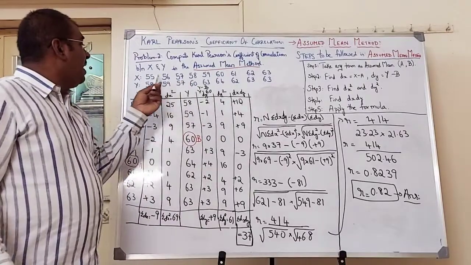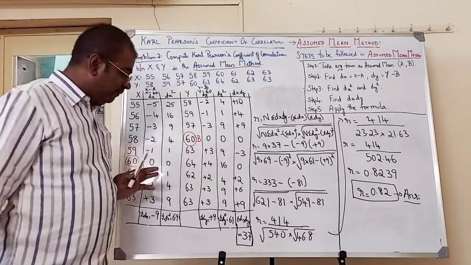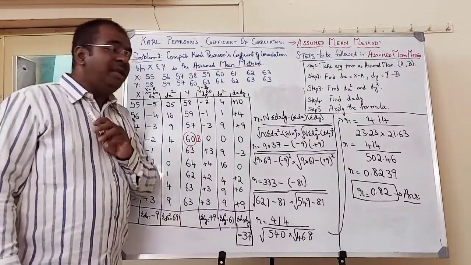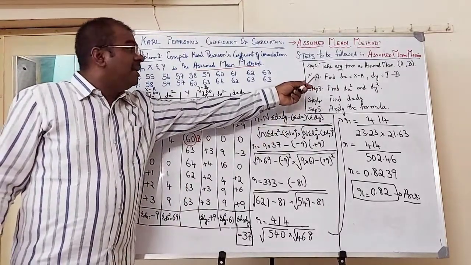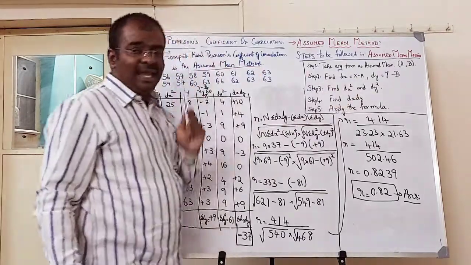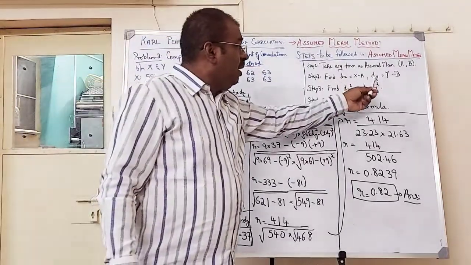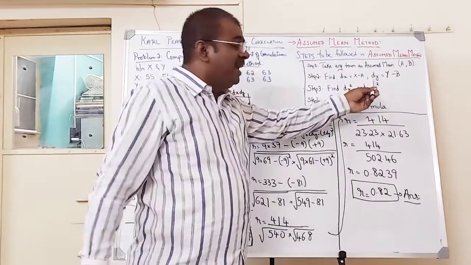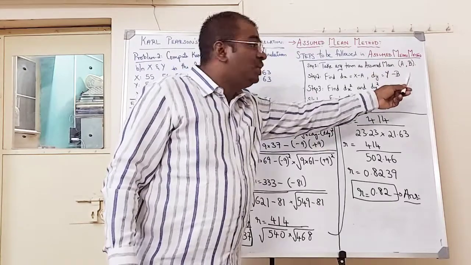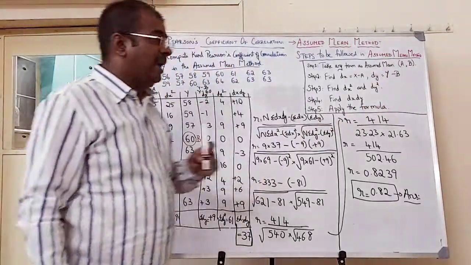You can choose any value of your choice. Second step, finding dx and dy. So dx is nothing but deviation of x from the assumed mean A, and similarly deviation of y is equal to y minus assumed mean for series Y.